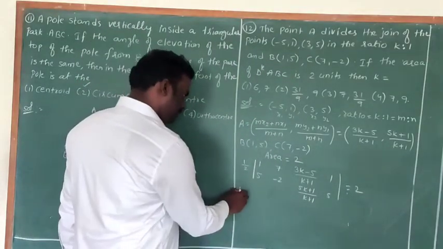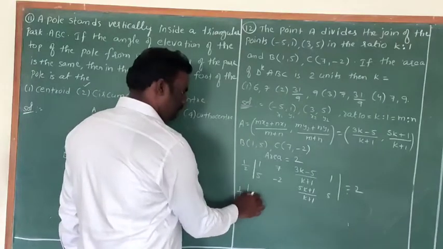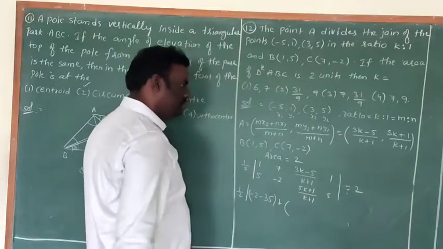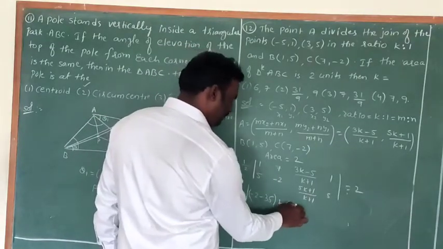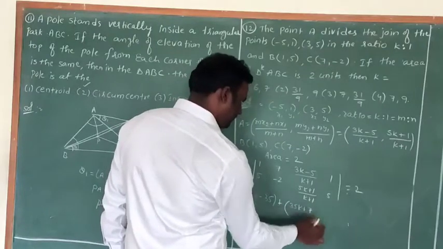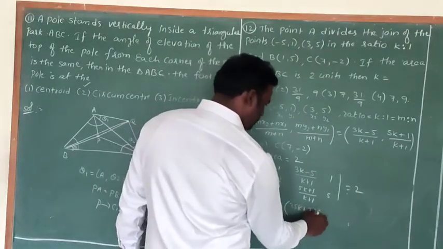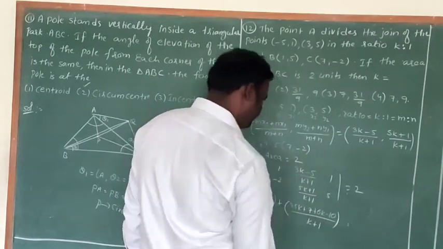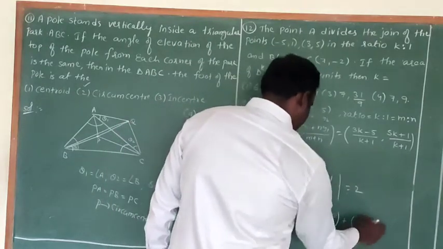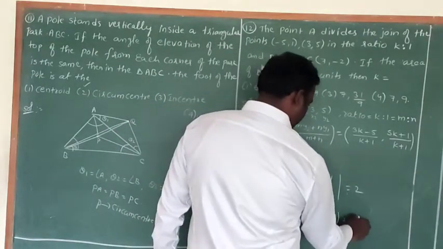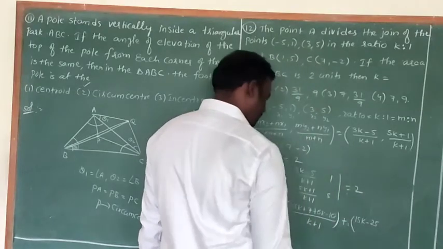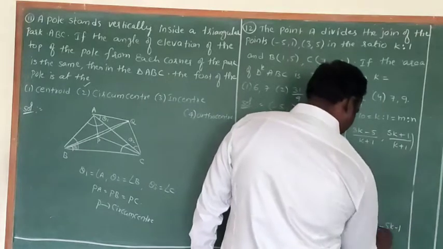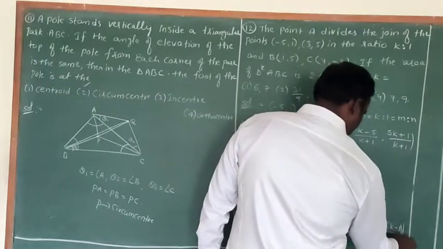Now simplify. Half into minus 2 minus 35. This is 7 into 5, 35k plus 7 plus 6k minus 10 by k plus 1 plus 15k minus 25 minus 5k minus 1 by k plus 1 is equal to 2.